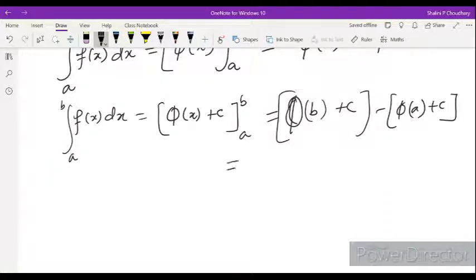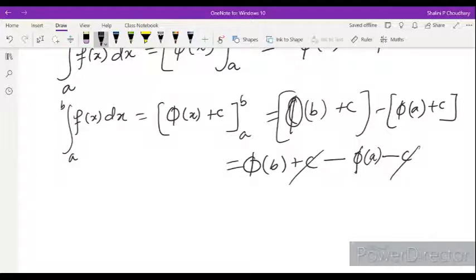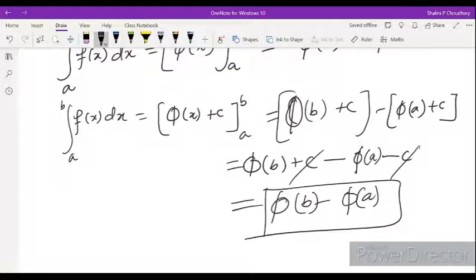So it will be phi b plus c minus phi a minus c, plus c and minus c cancel. So what value are we getting? We are just getting phi b minus phi a. So no need to write the constant of integration, that is c, because it gets eliminated.